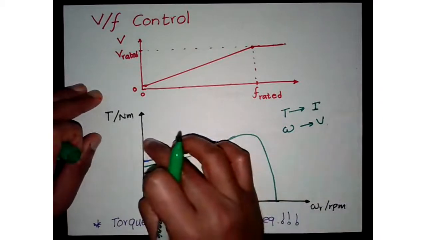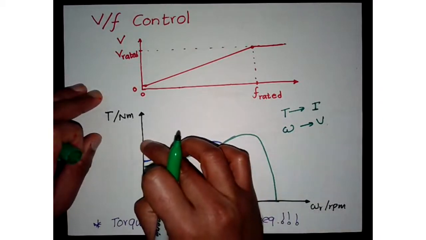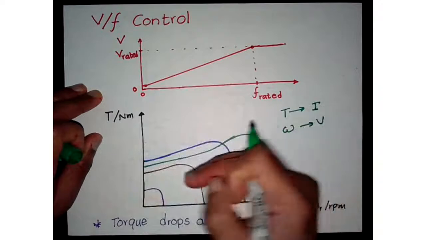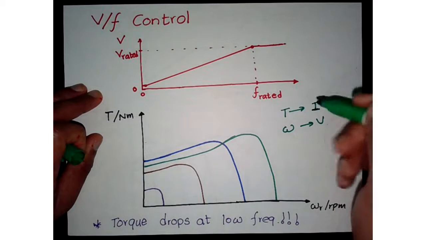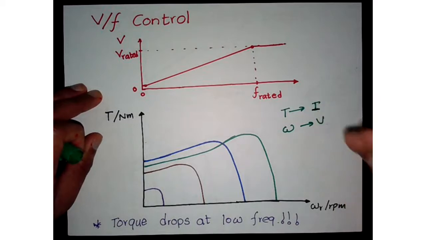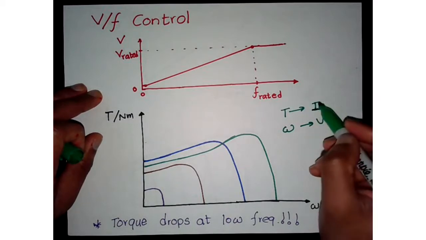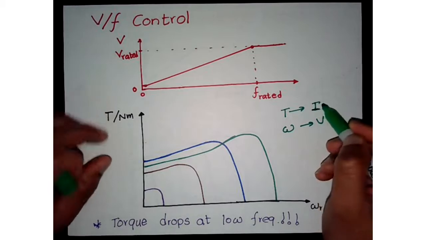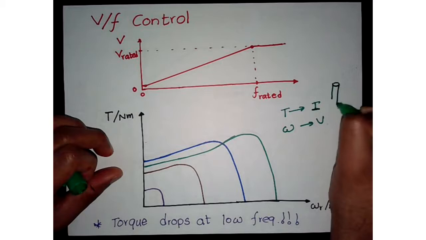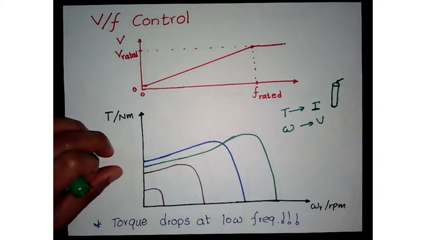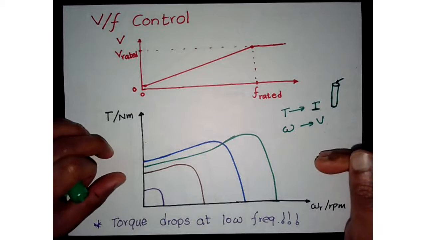So we should technically be able to achieve these low speed points. Can we really achieve that current? That comes down to the conductors that you use inside the motor, the windings. How much current can the conductor carry?